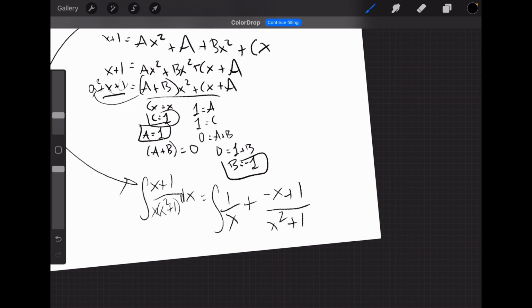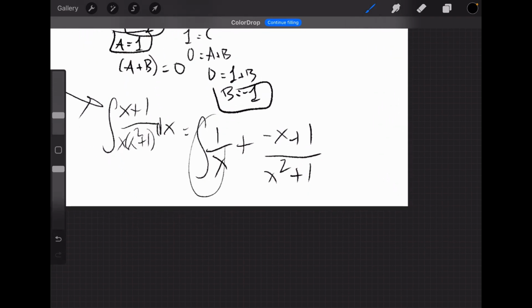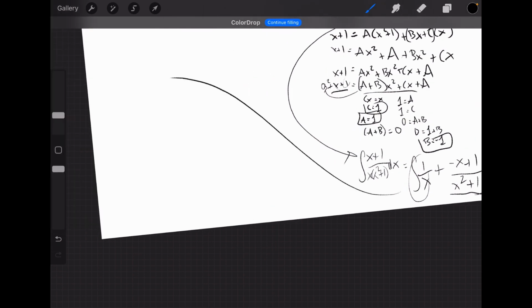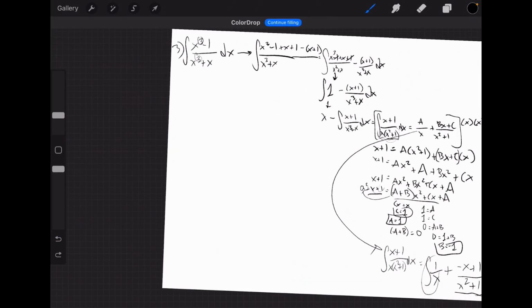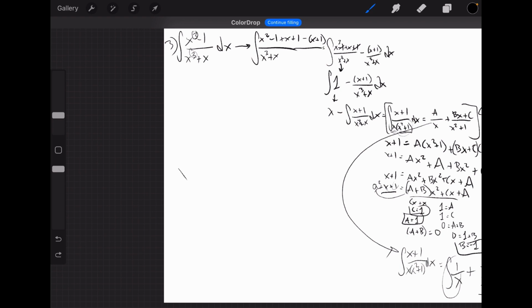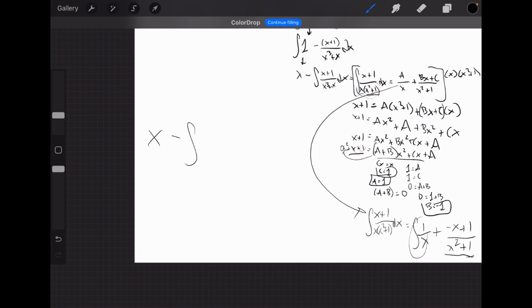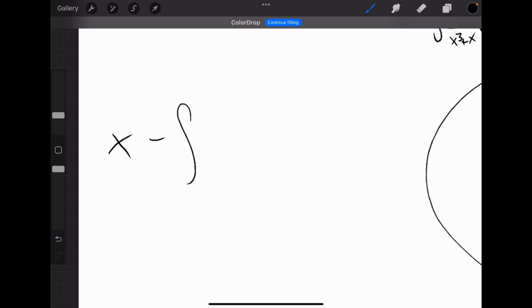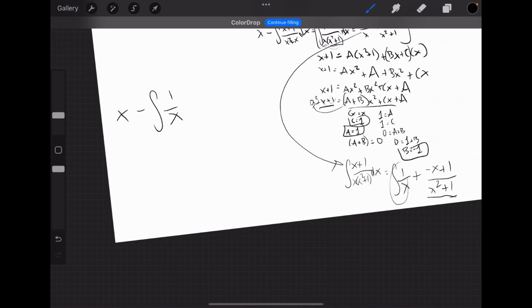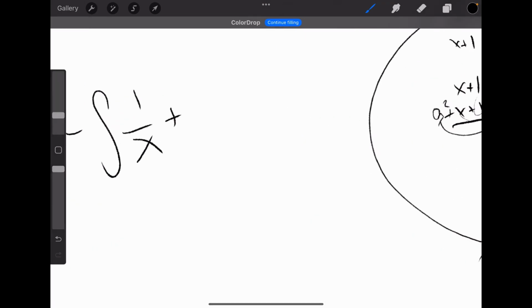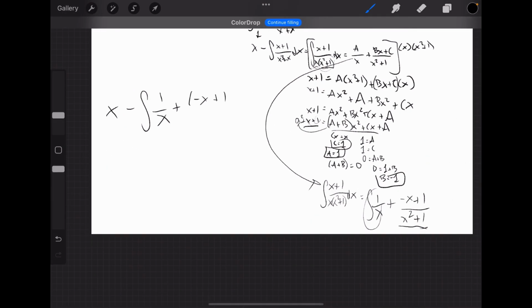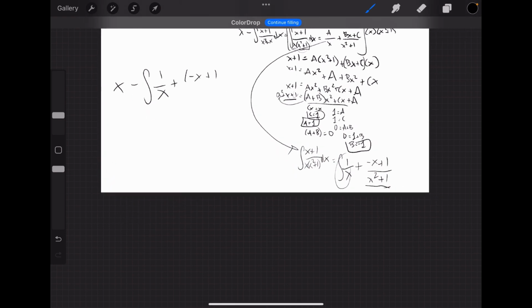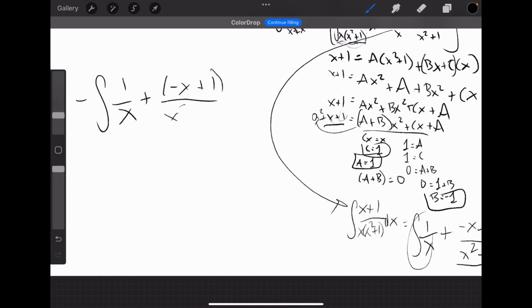And that is great because this is really easy and this can be made easy. So I'm just going to rewrite everything. This is very messy, I'm sorry. So we have x minus the integral of 1 over x plus negative x plus 1 all over x squared plus 1 dx.